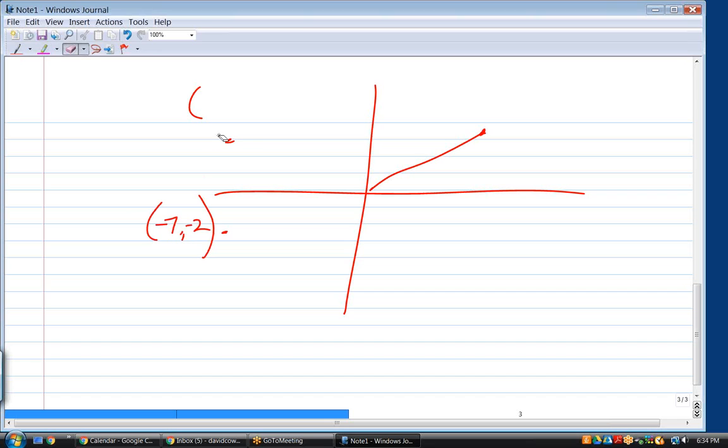Okay, now one thing I didn't talk about last time, and yet it is important to realize: there's a reason they call it the unit circle. If I look at this angle, I know the hypotenuse is 1, because it's the unit circle.